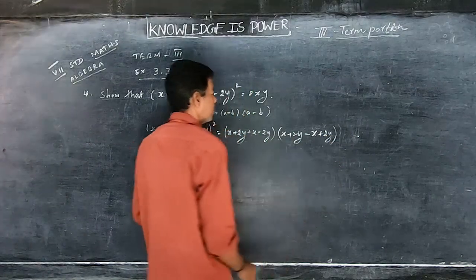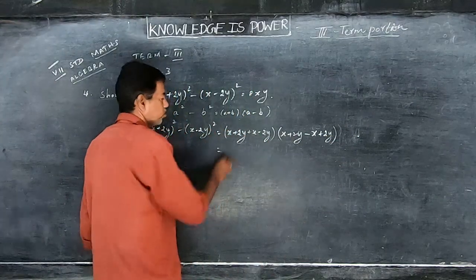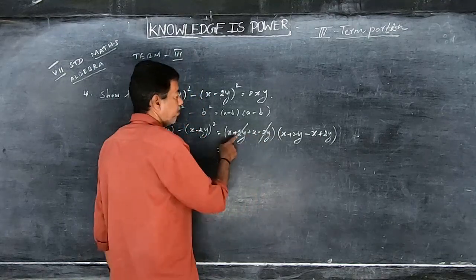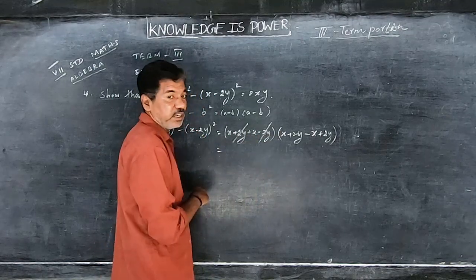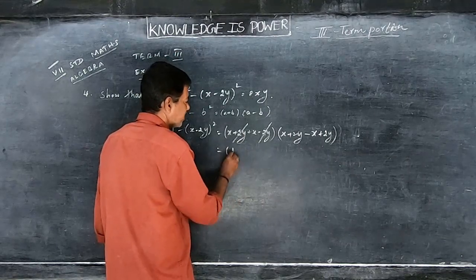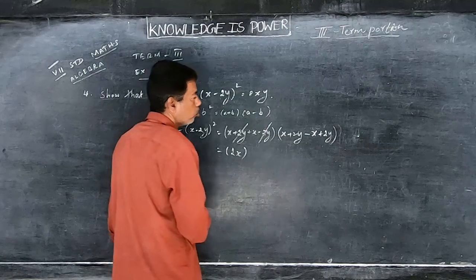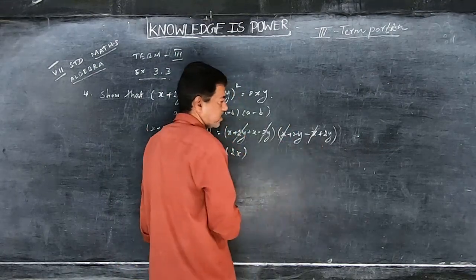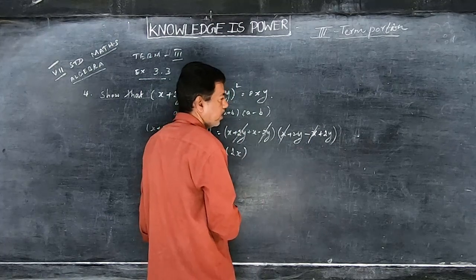Okay, so after that 2y and 2y cancel. One will be x plus 2y, another will be x minus 2y, and this whole thing will be 2x. Here plus x and minus x will cancel.